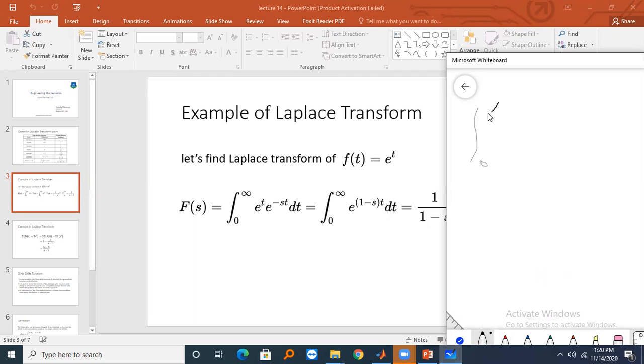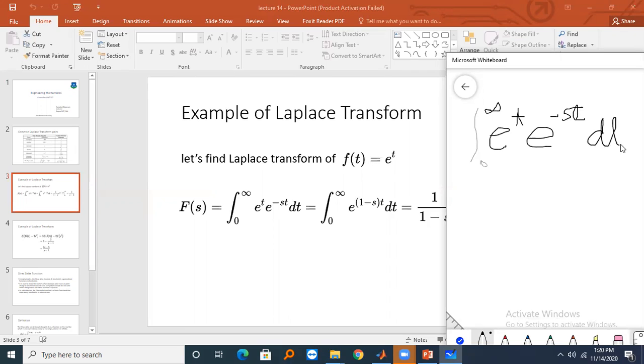So, integral from 0 to infinity of e to the power t, e to the power minus st dt.